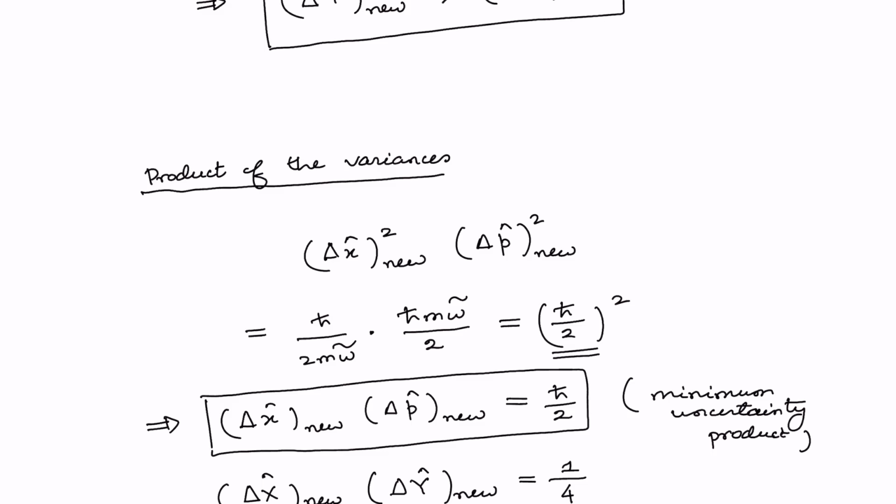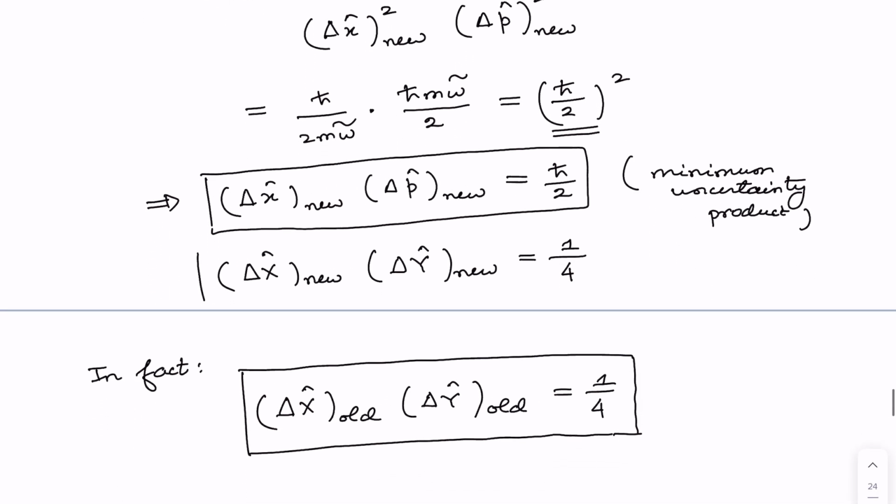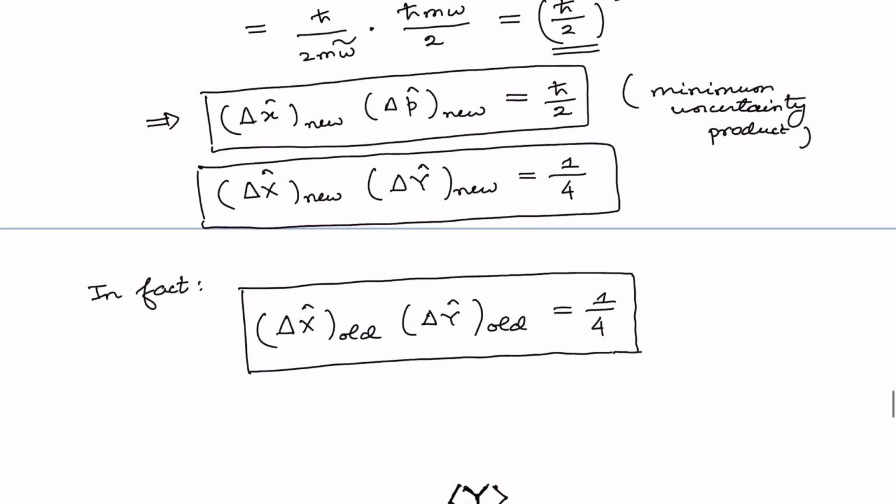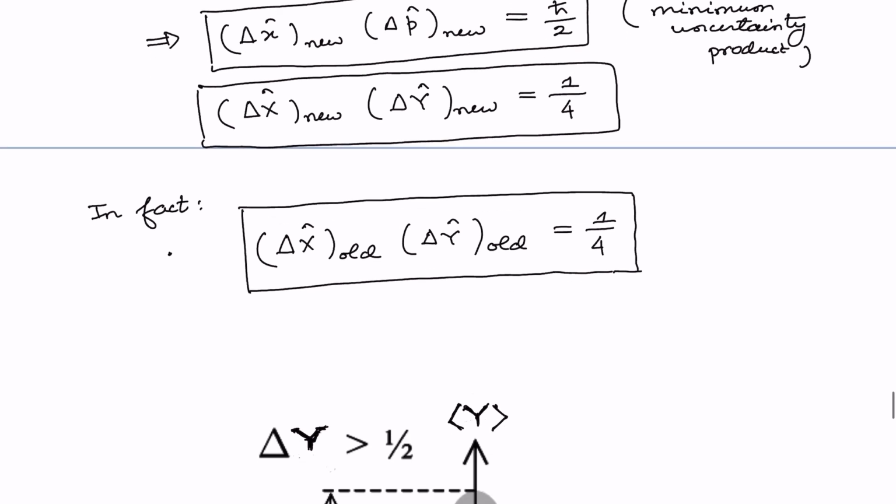In terms of the quadratures, the product of the uncertainties in x and y is equal to 1 by 4, which refers to the minimum uncertainty product, as I have said. In fact, for the old harmonic oscillator also, the product of the quadratures is equal to 1 by 4. So because of the squeezing, the product of the uncertainties does not change.